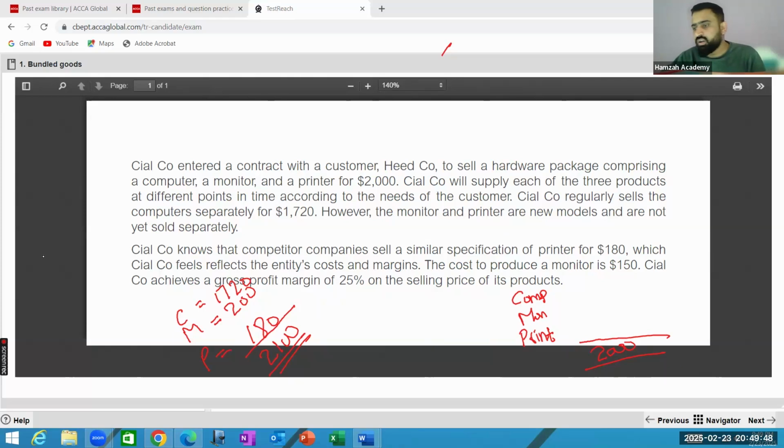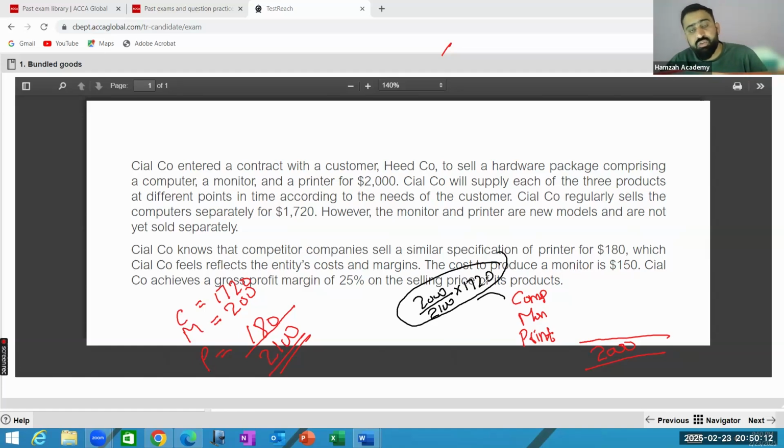For the computer, the allocation will be 2000 divided by 2100 into 1720.